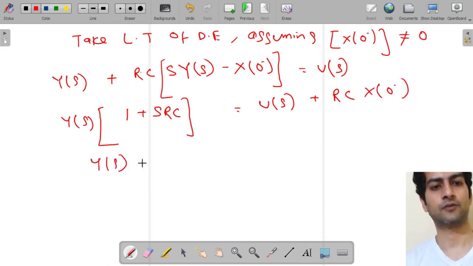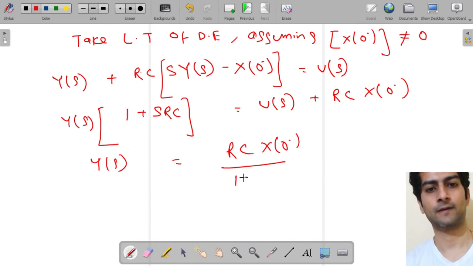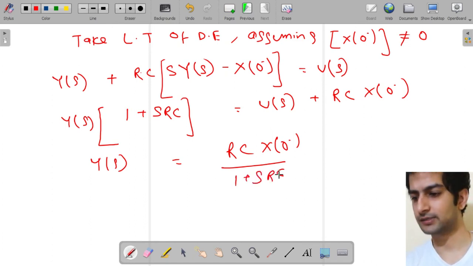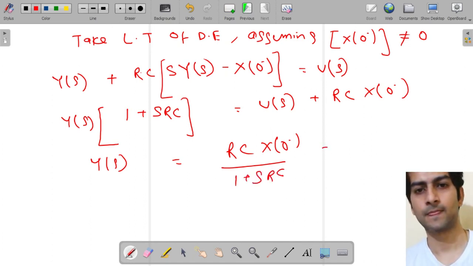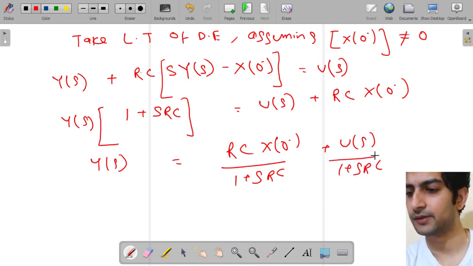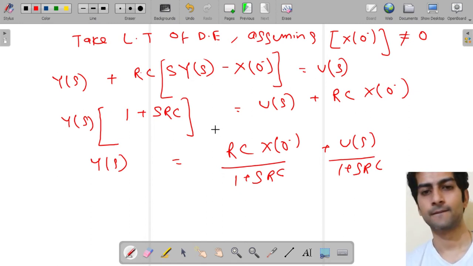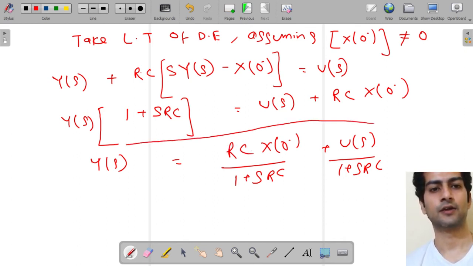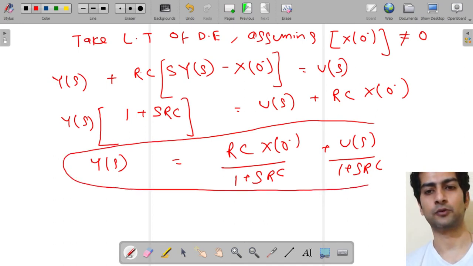So we get Y of s is equal to rc times the initial condition by 1 plus src, plus U of s by 1 plus src. From here we will find the output.